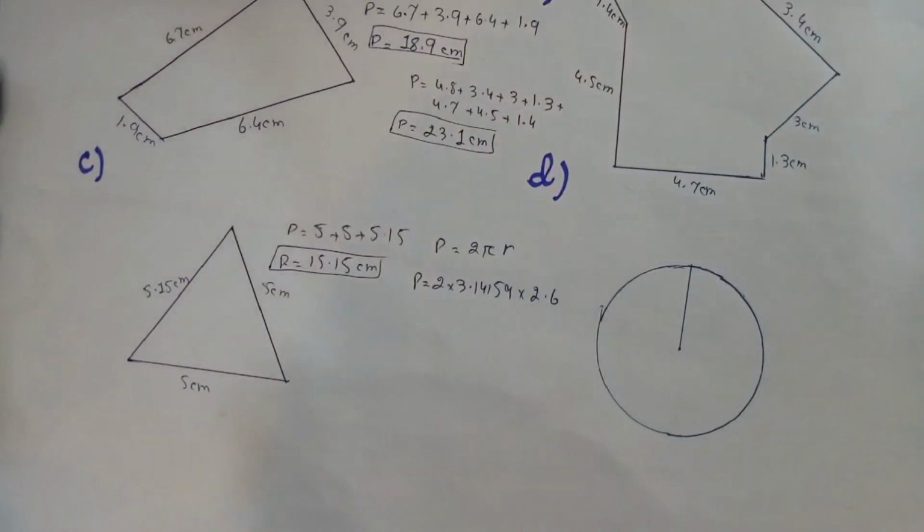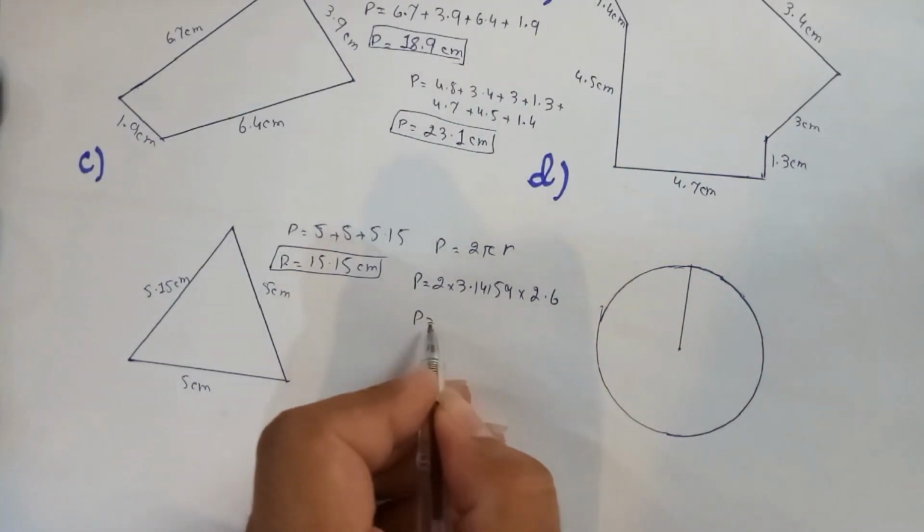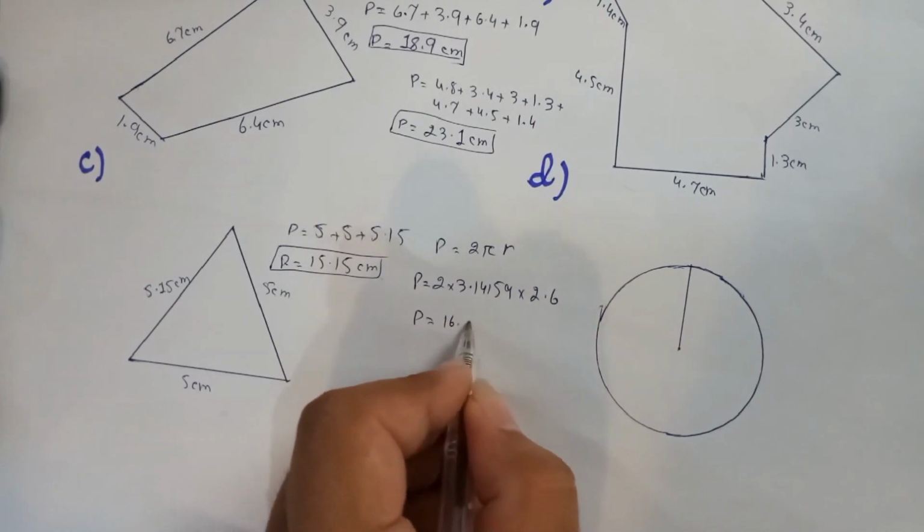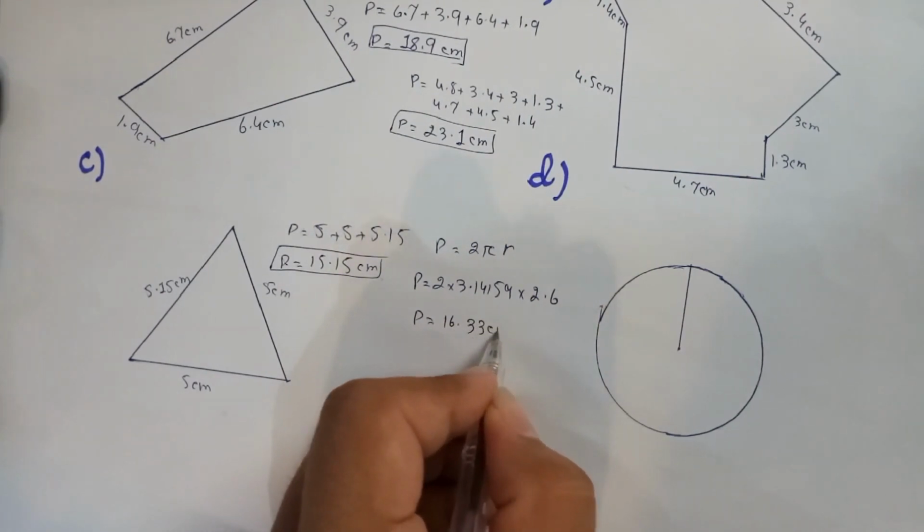Clear? Now we just have to multiply it. So 2 is going to multiply with pi, and it is going to multiply with 2.6. So after multiplying it, here the perimeter is equal to 16.33 centimeters.